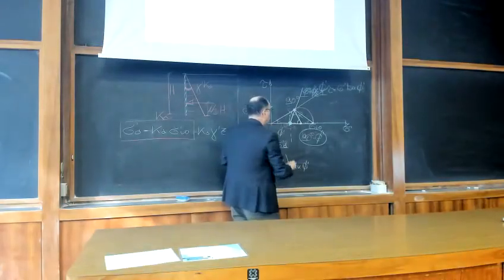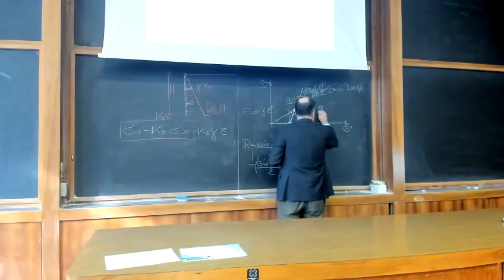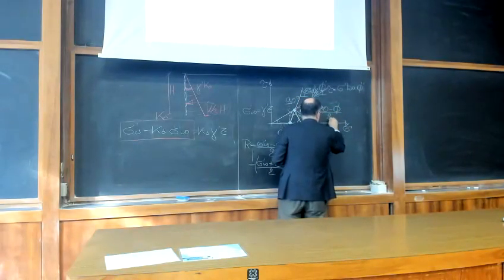Okay, so we know that this angle is 90 minus phi divided by 2.